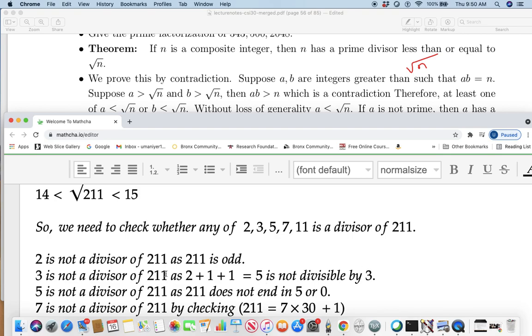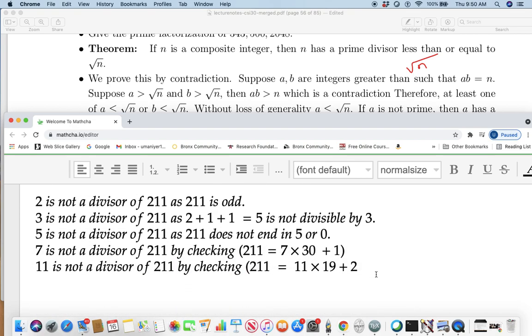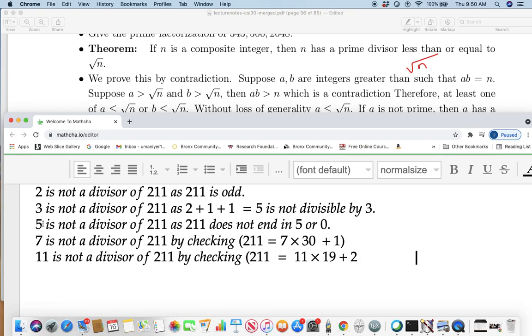You add all the digits. If the sum is divisible by 3, the original number is divisible by 3. But in this case, 5 is not divisible by 3, so the original number is not divisible by 3. What about 5? Is 5 a divisor? No, you need to end in a 0 or 5. You don't.